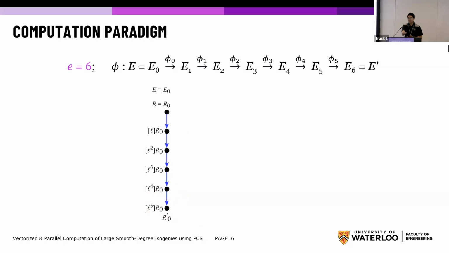We use this new point to generate the kernel for the first isogeny phi 0. So we can define phi 0 using this point R0 prime.